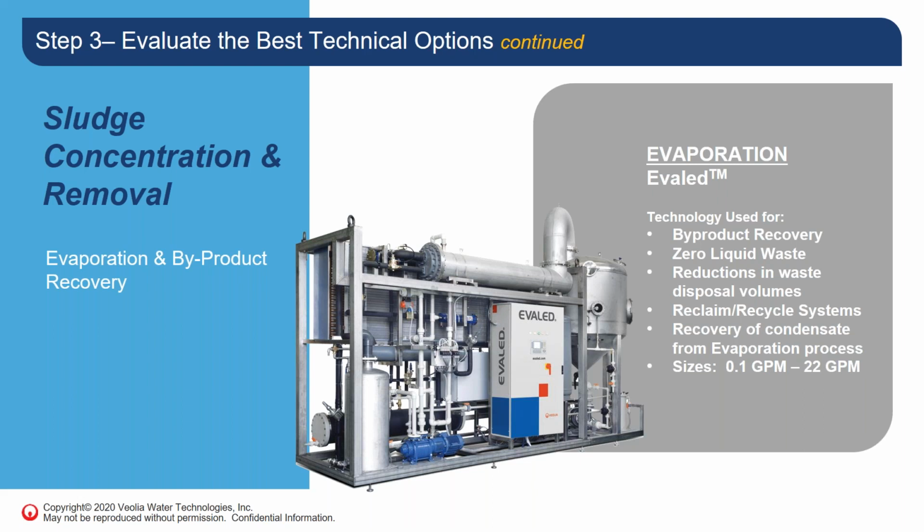Let's face it, tipping rates with the waste disposal companies are not going to be going down in the future. And reducing the total volume of sludge that you dispose of can be looked upon as being positive on your P&L. The Evoled units pictured here are very good at recovering a high quality condensate from a water containing sludge to reduce that overall volume and recover the last volumes of water that you can in your process.